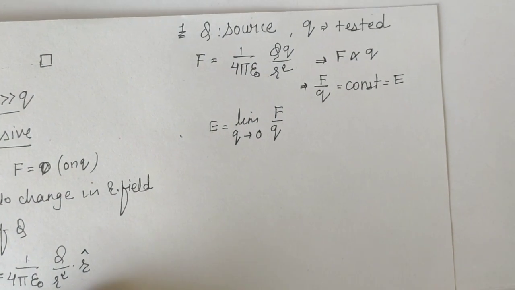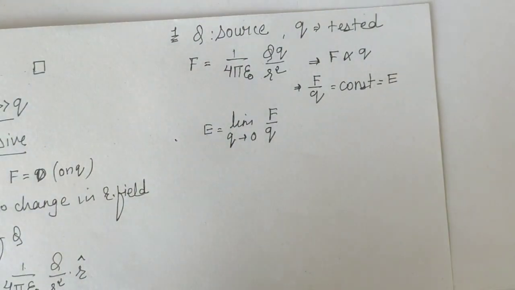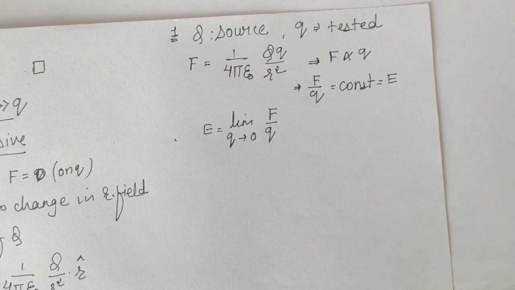By the test charge, we know that capital Q and small q are both positive, so they repel each other. Due to capital Q, small q can be displaced from its position by repulsion.